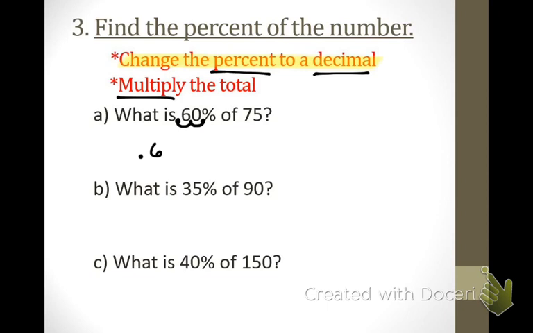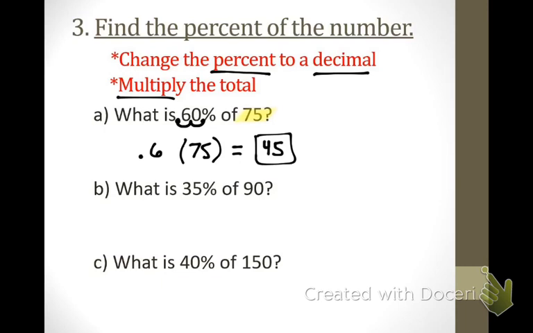And next step, it asks me to multiply the total. So since it says right here, what is 60% of 75, I'm going to multiply 0.6 times 75. Go ahead and put that in your calculator and see what you get. All right, when you do it, you get 45. So 60% of 75 is 45.